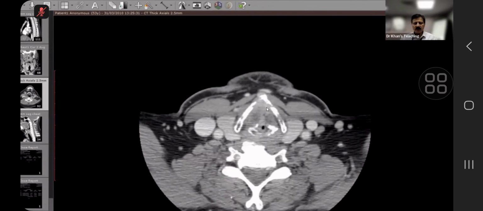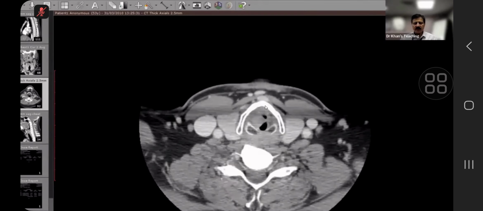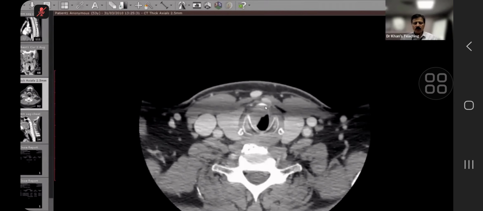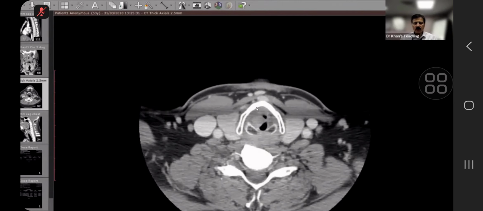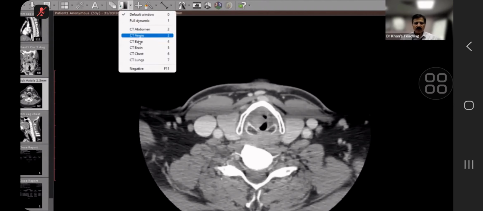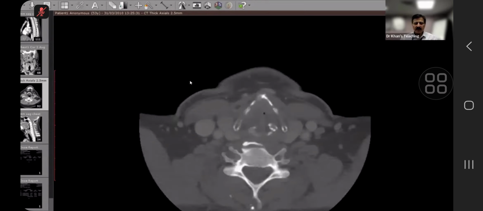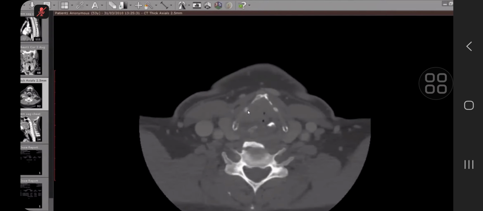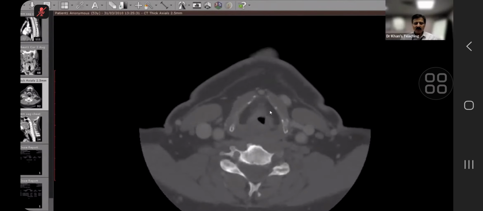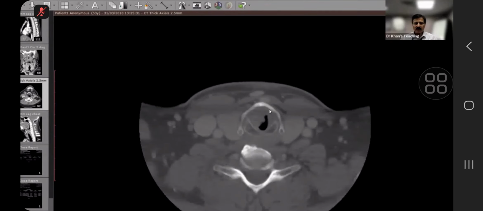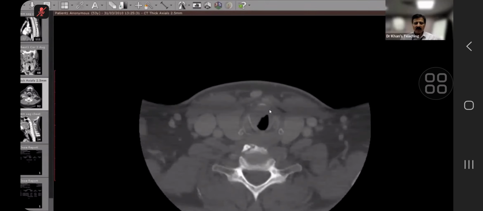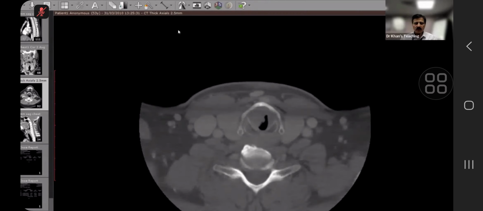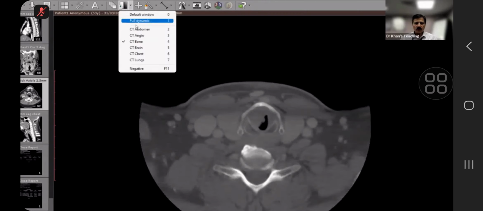And with that, nobody is stopping you to ask for a bone window, particularly to see if the cartilage, and particularly if there is some, what do you think is happening here, for example? Yeah, there are some fine erosions seen. Yeah. So if it is ossified, ask for bone window also.